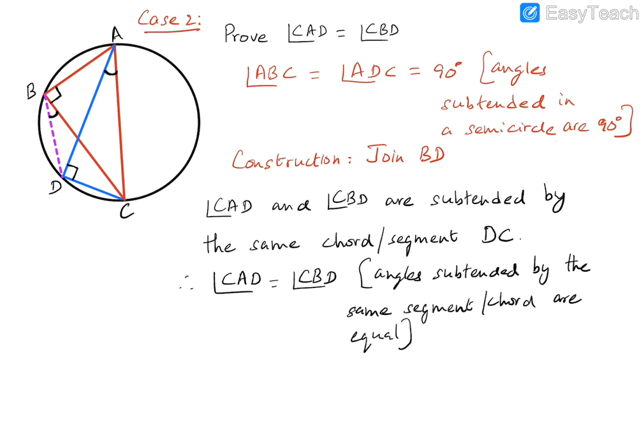Hence for the second case also, where we have done the construction of the two triangles in a slightly different way, such that they are both on the same side of the diameter AC, again we have proved here that the angle CAD, which is this angle, and the angle CBD are equal, which is what we are asked to prove. And clearly we see that these are both angles subtended by the same segment DC of the circle, or by the same chord DC of the circle. Okay, so we say hence proved.